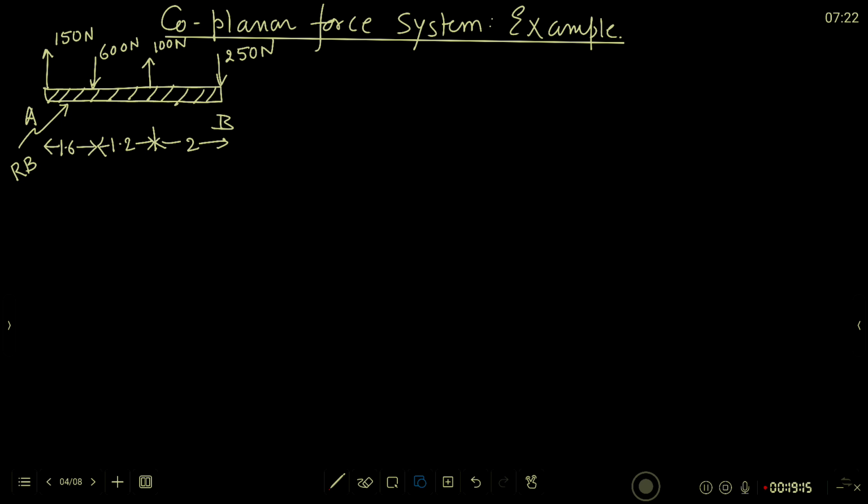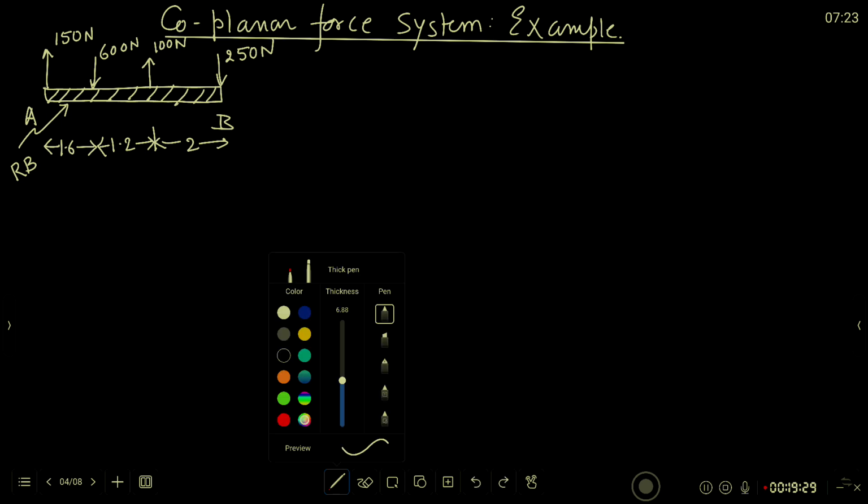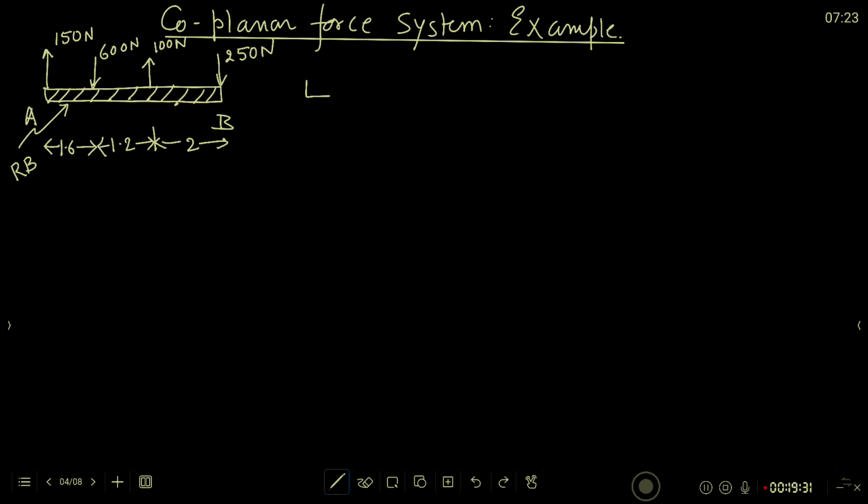Now we want to find its wrench, and in this wrench I am expecting CRW to be 0.